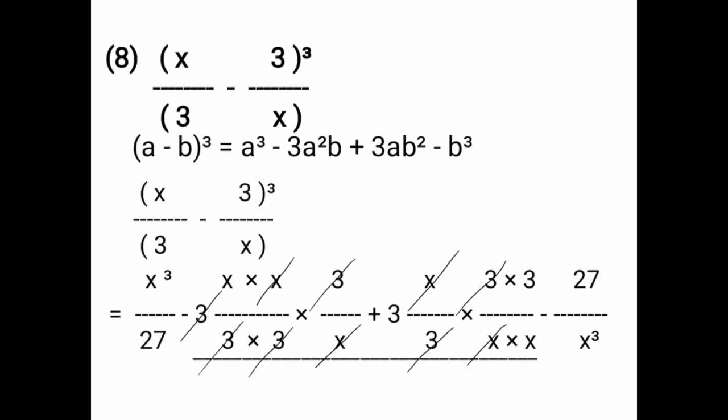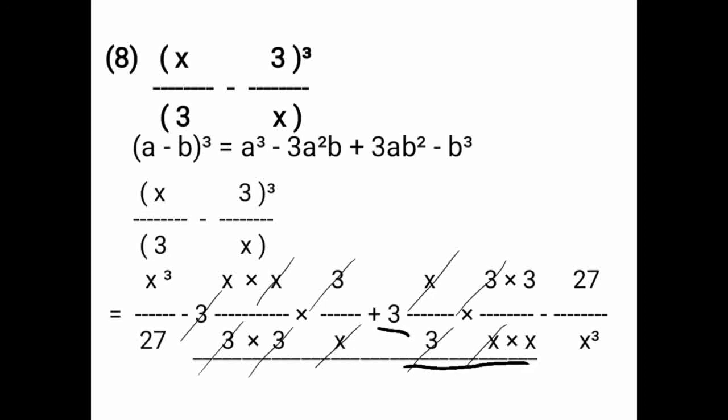Now we will do cancellation of plus 3ab square. 3 get cancelled. x get cancelled. You don't find another number the same on numerator and denominator to do cancellation. Now you have to solve the plus 3ab square part after finishing cancellation.